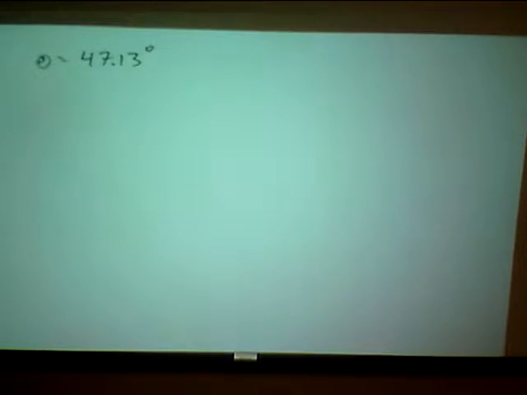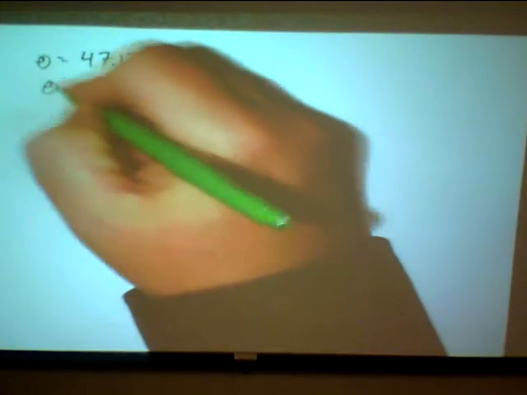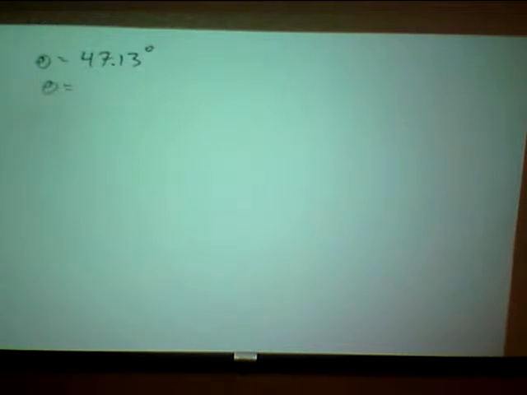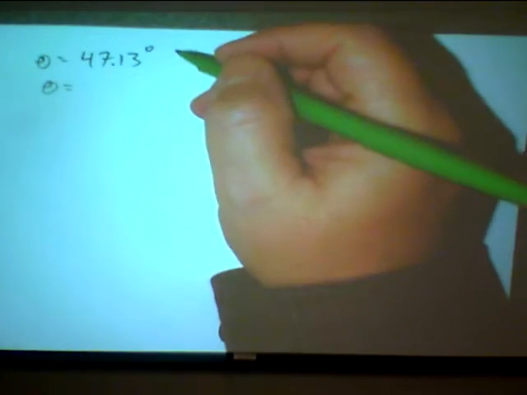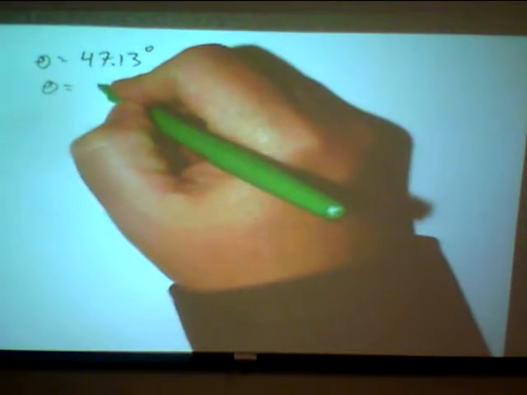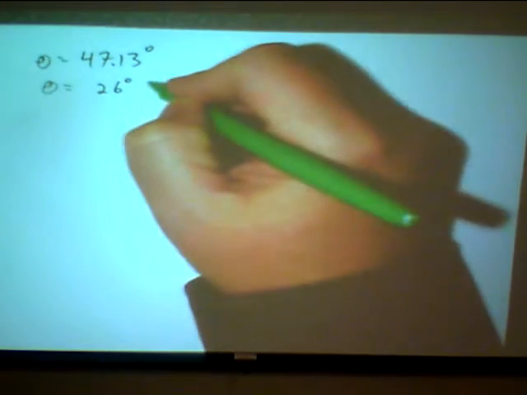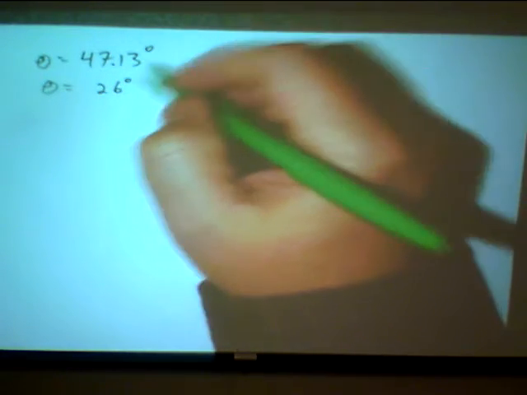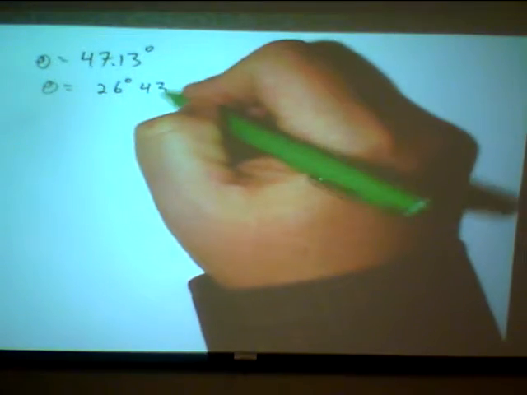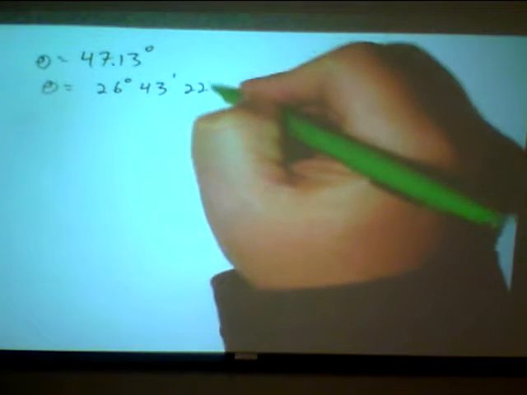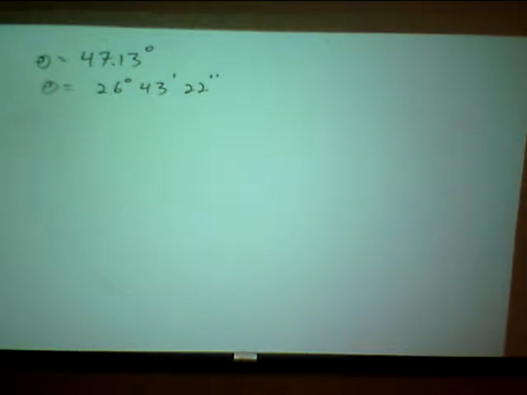But then there are other times when angles are expressed in degrees, but not as a decimal, but instead with minutes and seconds. How about an angle equals 26 degrees, 43 minutes, and 22 seconds, right?